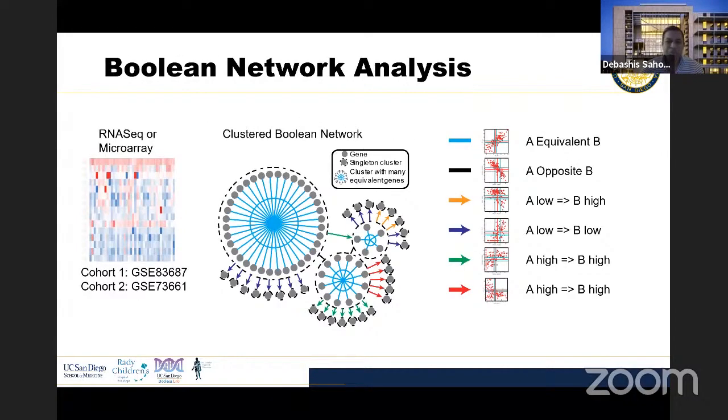I'm going to show you that we can figure out from this network something really useful, which is what would be a natural progression from a normal to a disease, a natural underlying time series that we can infer from the data directly without using the labels, without knowing where is the normal, where is the disease in a more formal way. So how do we do that?